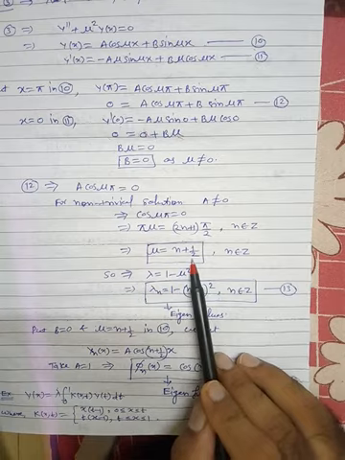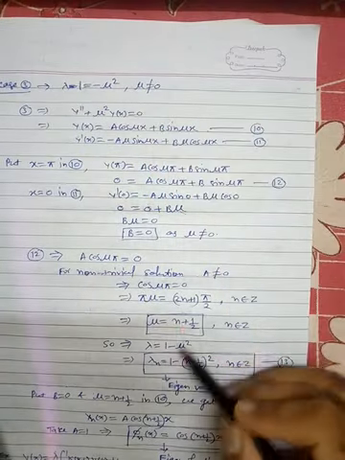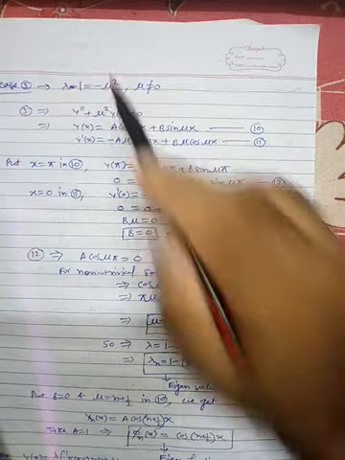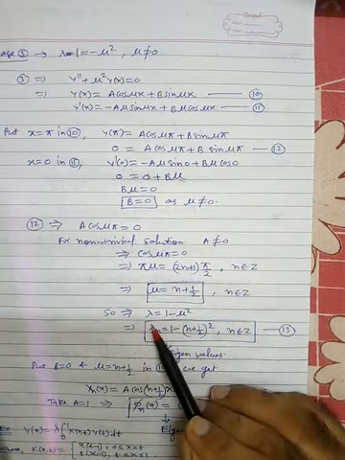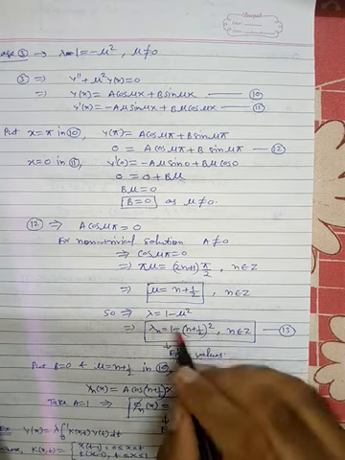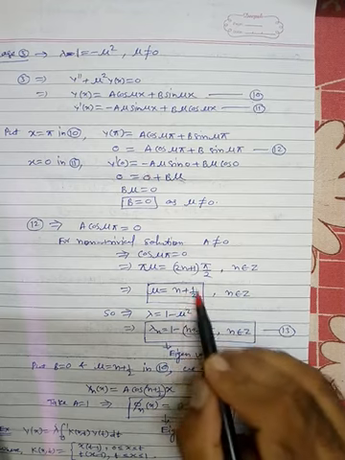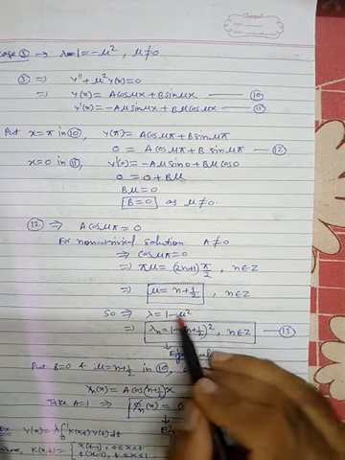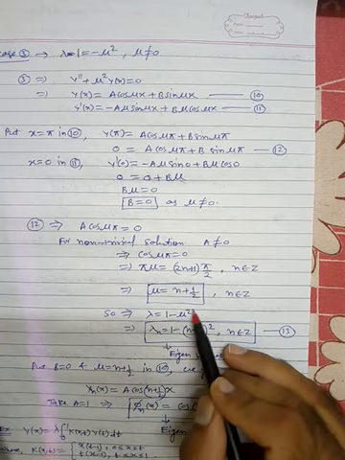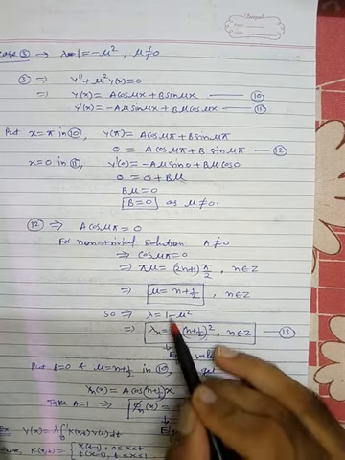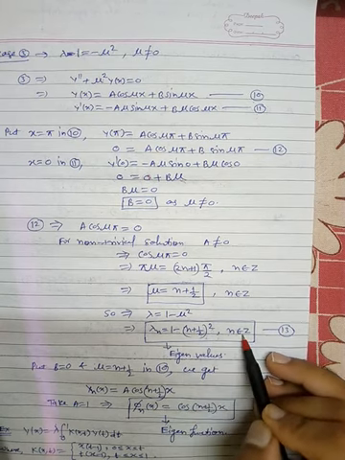But according to here lambda minus 1 is minus mu square, so put this value of mu here. So you will get lambda equal to 1 minus mu square. Since mu depends upon n, after substituting this value we get lambda equal to 1 minus (n plus 1 by 2) square, where n belongs to Z.